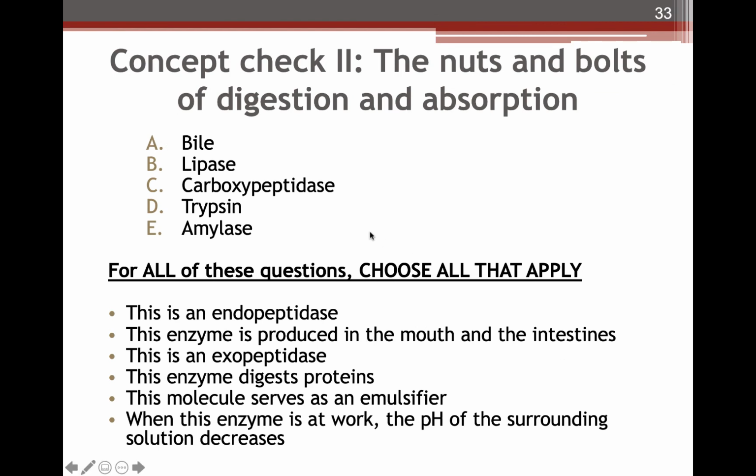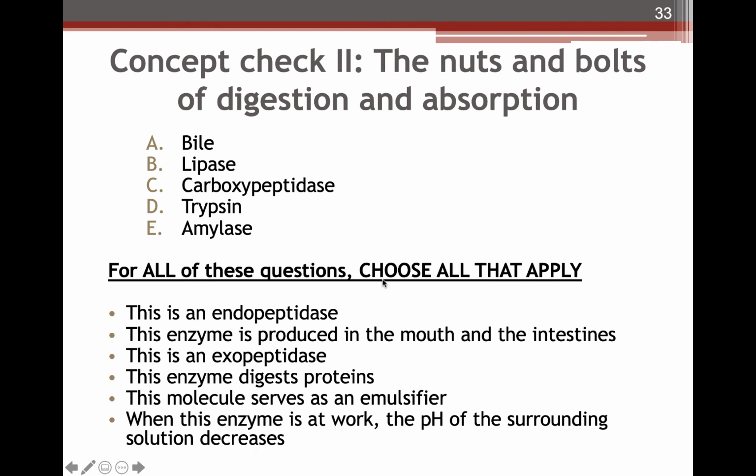And then other kinds of questions that I might show you is you're going to want to know the nuts and bolts of digestion and absorption, especially in the stomach and in the small intestine. Those are the most important places. That's where we spent the vast majority of our time in this lecture. So choosing from this list right here of these various enzymes, or maybe an emulsifier here, hopefully you'll be able to answer these kinds of questions.